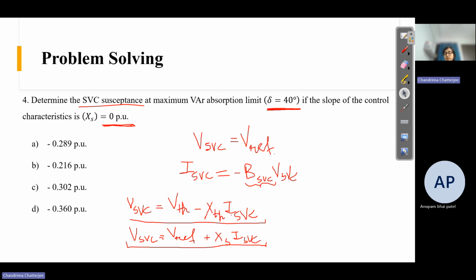So VTH minus XTH ISVC is equal to VREF plus XS ISVC. From these two equations, you will get ISVC. ISVC is VTH minus V reference by XTH plus XS. Okay.